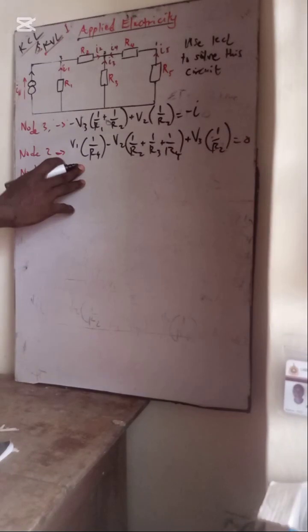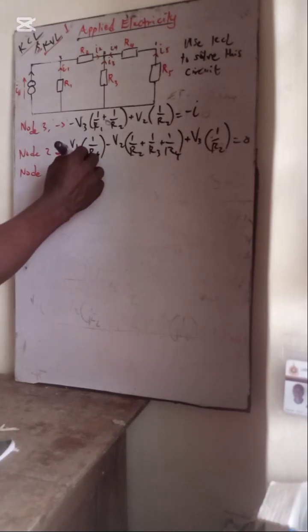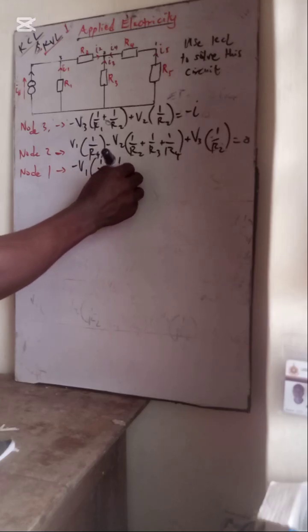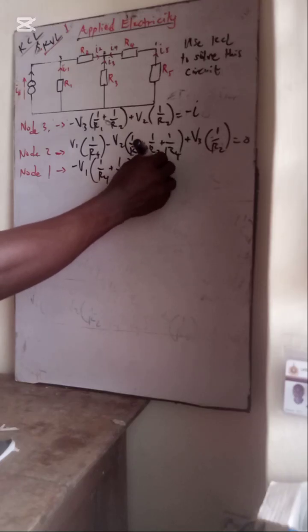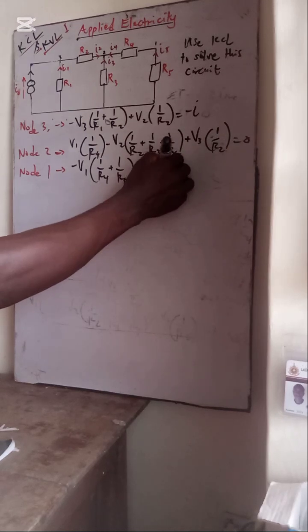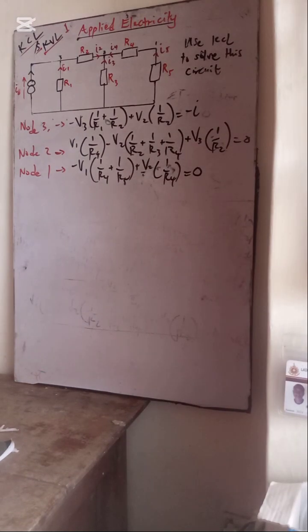So then for node 1, what we got, not quite long now. That one is minus V1 into brackets 1 over R4 plus 1 over R5 and plus V2 over R4 is equals to 0. This should be 1 over R4. So now we are bringing it into the matrix without wasting our time.